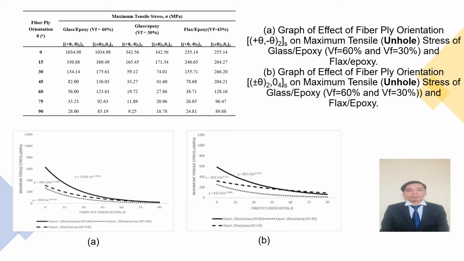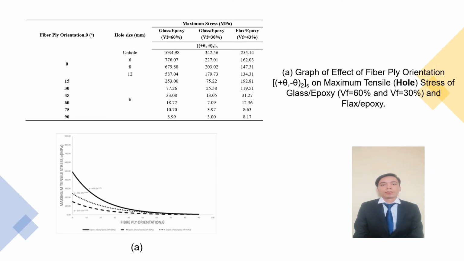This is because the fiber volume fraction for glass epoxy 60% is highest. Therefore, a larger fiber volume fraction usually means the composite mechanical properties are better.